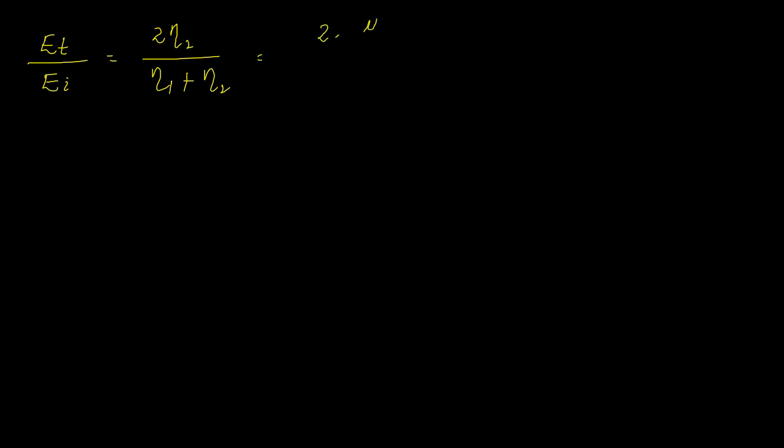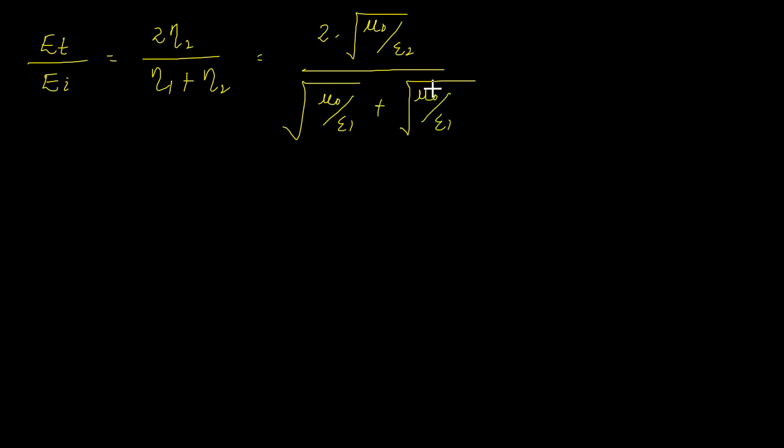So this becomes 2 times square root of mu 0 by epsilon 2 upon the sum. Mu 0 is common in numerator and denominator, so we can remove mu 0.